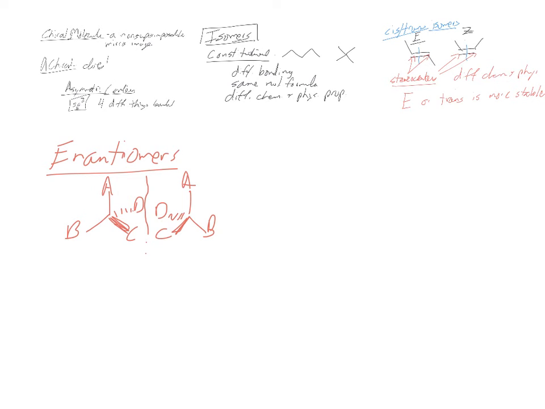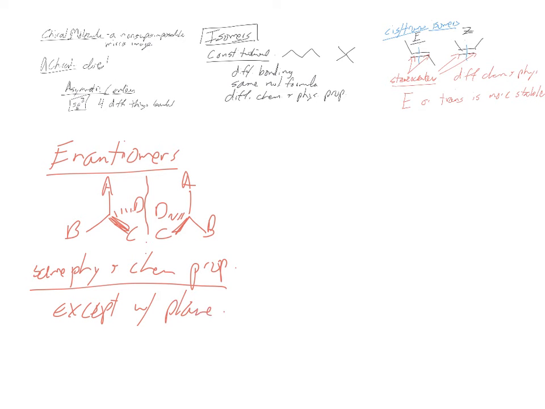So these are enantiomers. It's like our hands are enantiomers. So they have the same physical properties and chemical properties, except with plane polarized light, and in cases where they interact with other chiral molecules.